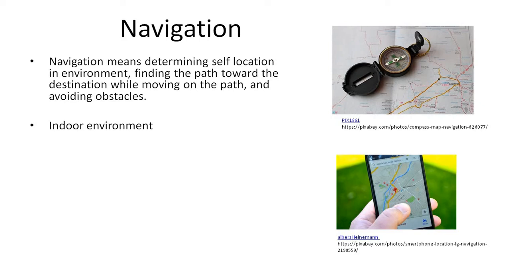So this is an example of an indoor environment. And then we have navigation in the outdoor environment. As we already saw in this example, we can use GPS there, and it's relatively easier as compared to indoor environments.